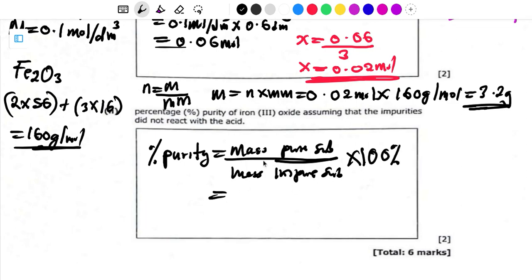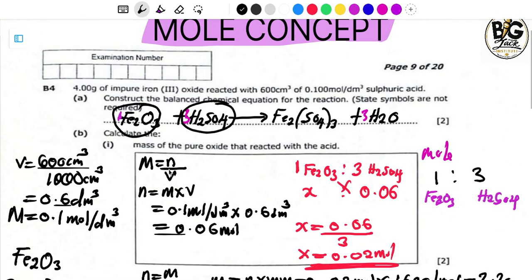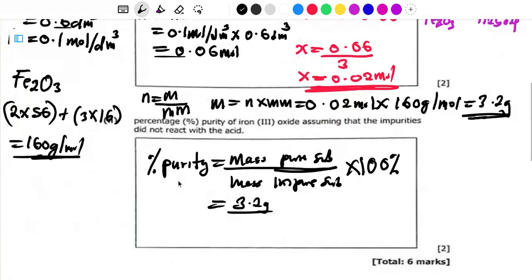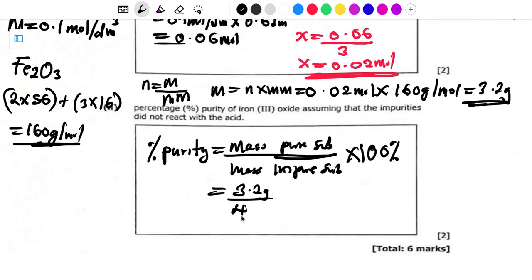The mass of the pure substance we have calculated, which is 3.2 grams. The mass of the impure substance we were given in this question, which is 4.00 grams. Then multiplied by 100%. When I do the computation, I'm going to get 80.0%. This is going to be our final answer.